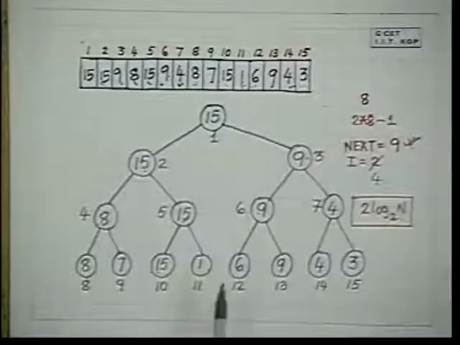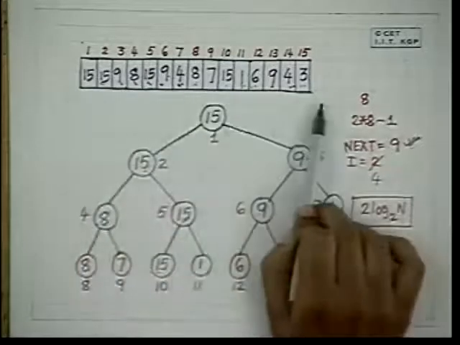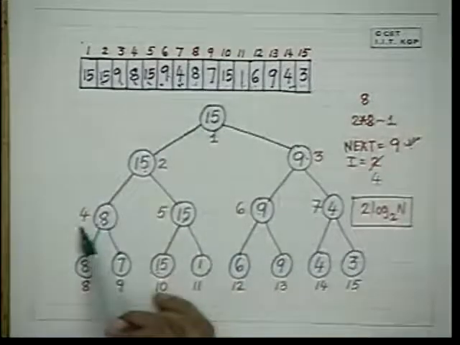Let us come to the tournament. You remember this diagram of a tournament in which we had these n numbers and we used an array of size 2n minus 1, and we compared two and put the result in the index of the half place.